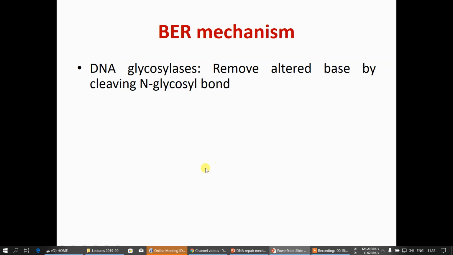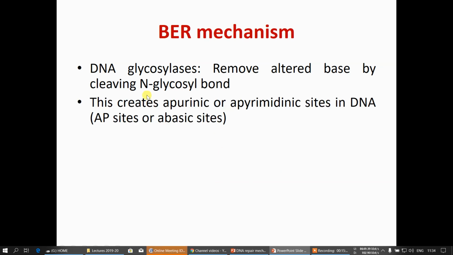So only the base is removed, but the sugar and phosphate remain as such, so no phosphodiester bond is broken. This will create an apurinic or apyrimidinic site. If the base is a purine, it is known as an apurinic site, and if it is a pyrimidine, it is known as an apyrimidinic site.